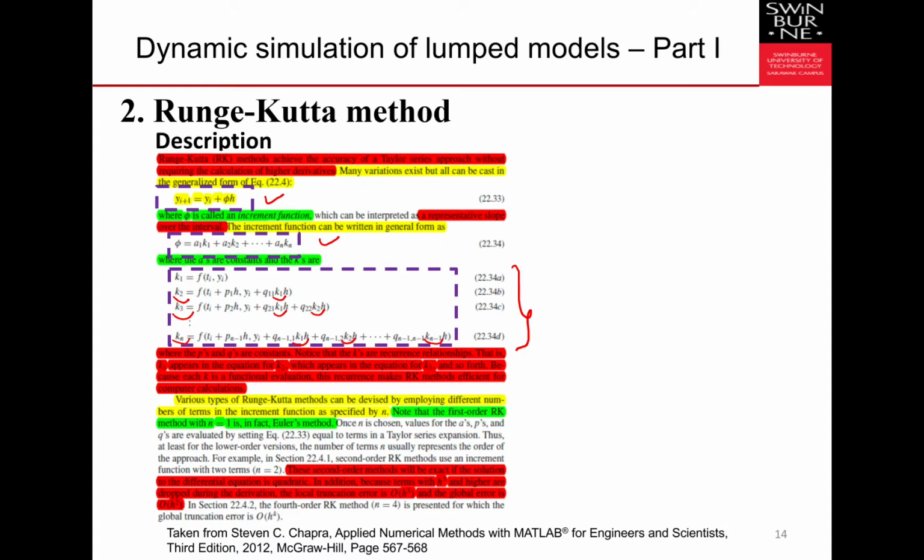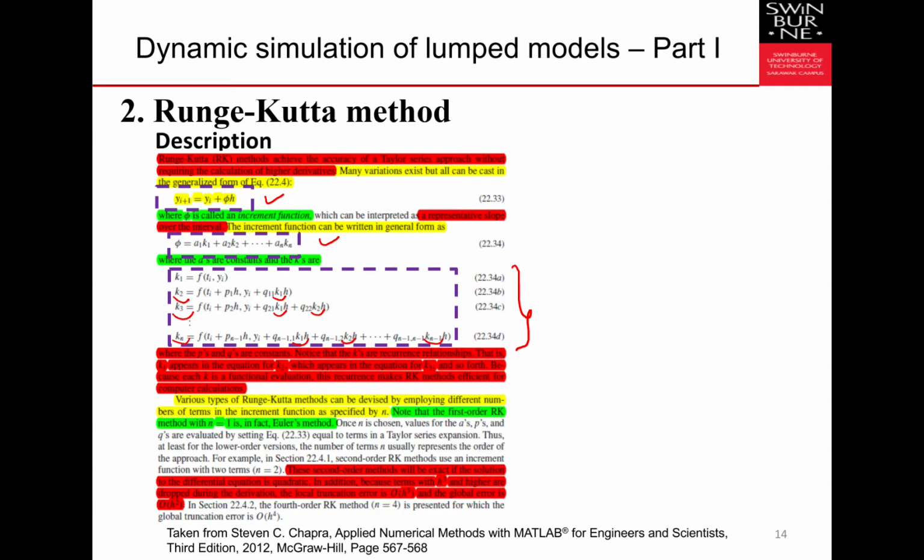Even though there are various types of Runge-Kutta methods, for example, if we put n equal to 1, then the Runge-Kutta method will become a first order Runge-Kutta, which is in fact the Euler method.